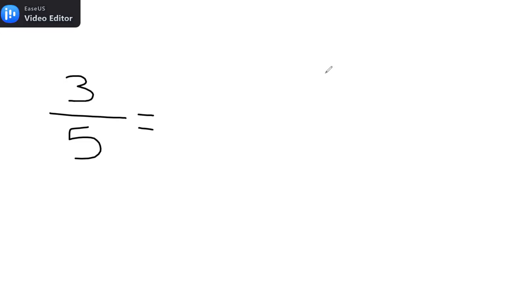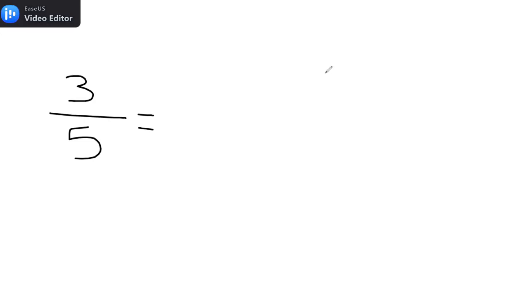Excellent. So in order to write a fraction as a decimal number, we should change the denominator into one of these special numbers, which are 10, 100, or 1000. Okay?